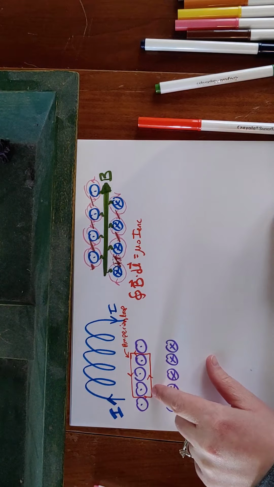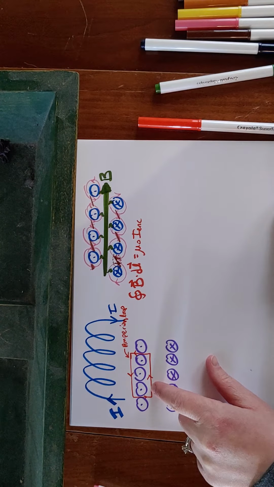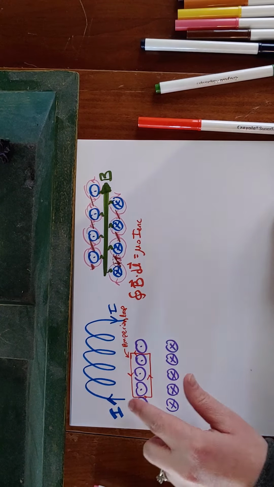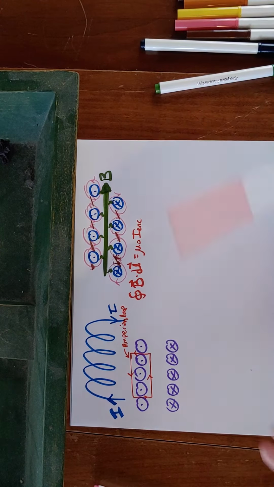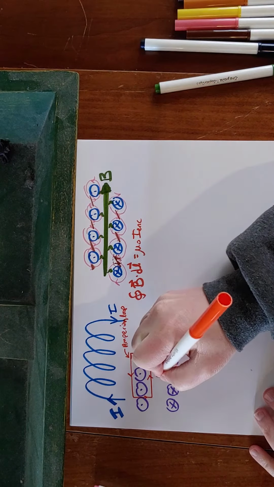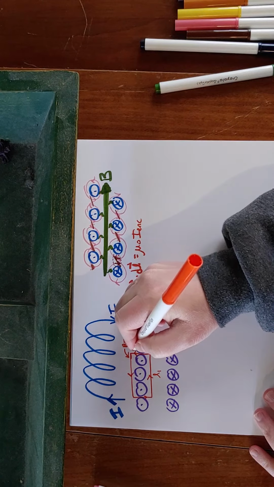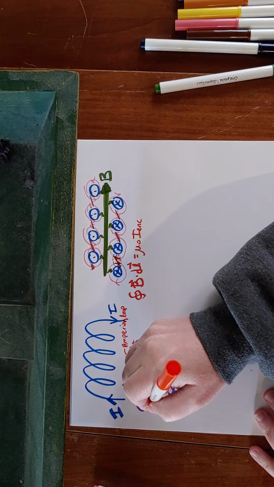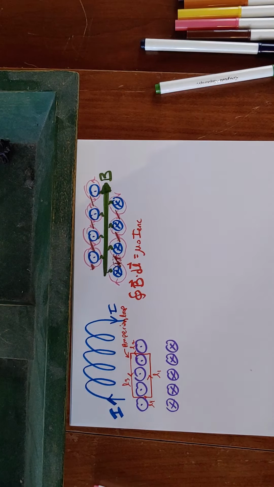But we do that so that it has interesting or useful values of magnetic field along each of the sections. Okay, so let's do that. Let's label these sections. Let's call that L1, that's L2, that's L3, and that's L4.